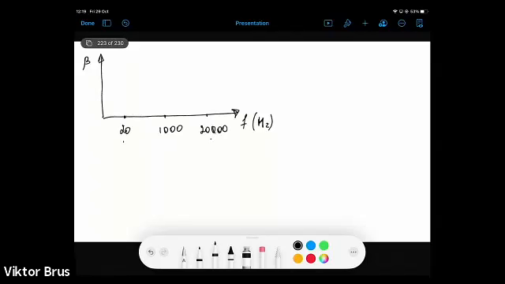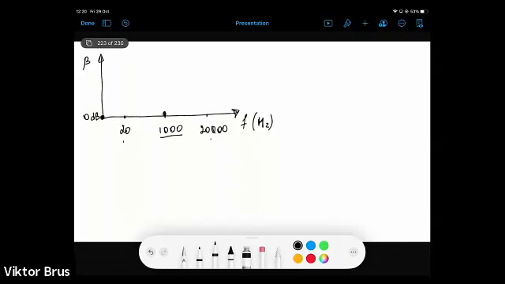However, as I mentioned earlier, for the threshold of hearing, here we can put 0 decibel. This is the lowest intensity which we can hear, 10 to the minus 12, which corresponds to 0 decibel at a frequency of 1 kilohertz.